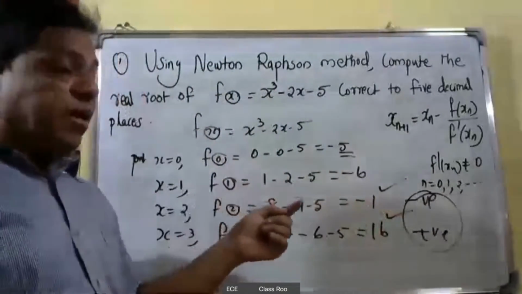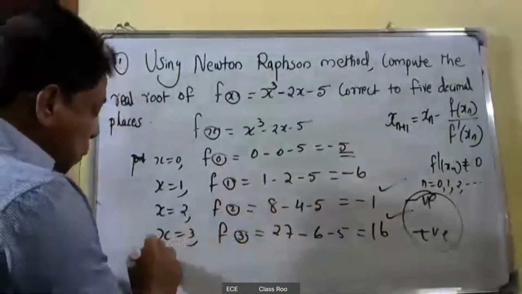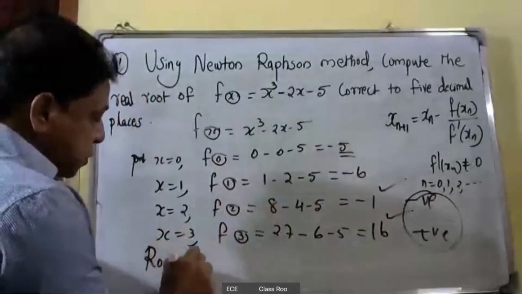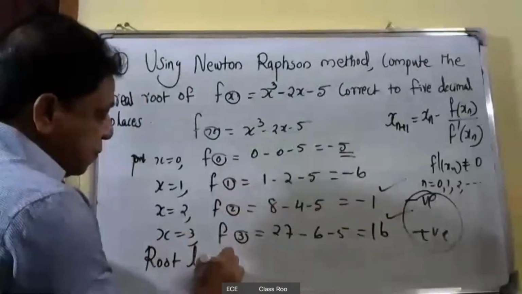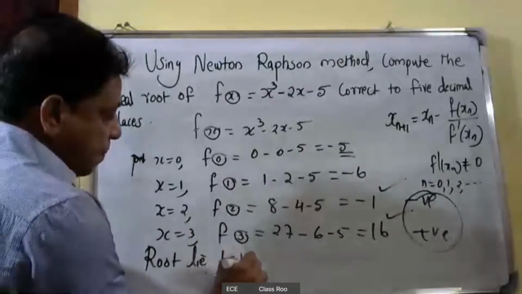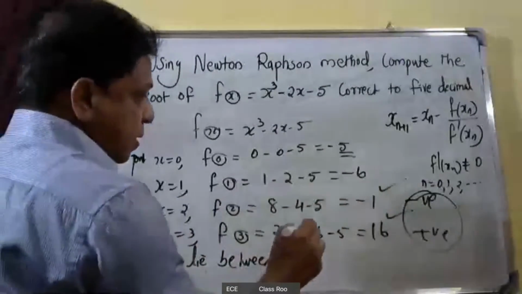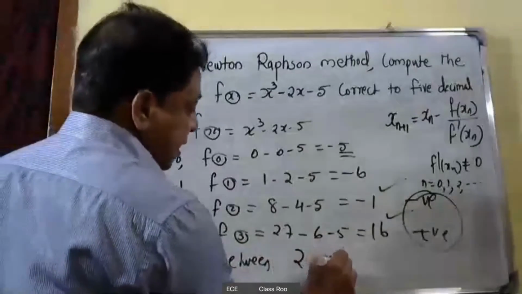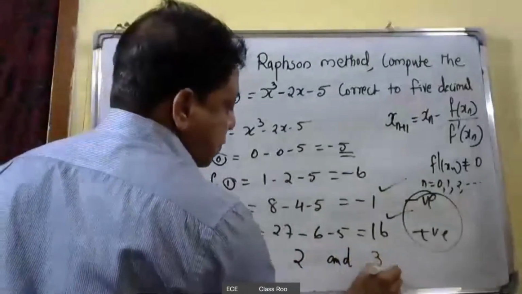Therefore, we can assume that the root lies between 2 and 3.